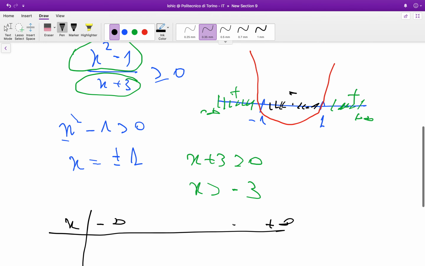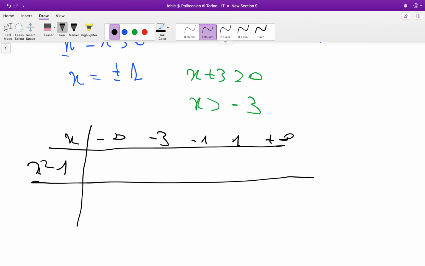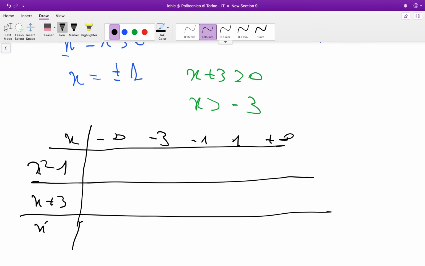Now, when solving, what are the important points? -3, -1 and 1, right? So we discover -3, we discover -1 and we discover 1. The first component is x squared minus 1, the other component is x plus 3, and finally we get x squared minus 1 over x plus 3.